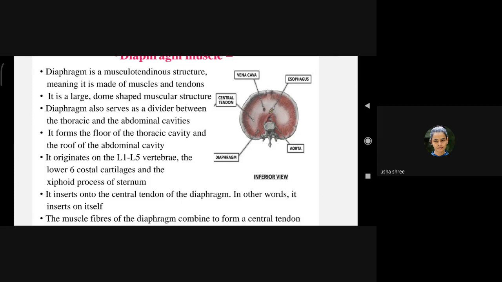Where our sternum is ending, that point is known as the xiphoid process. So it originates on L1 to L5, meaning lumbar 1 to lumbar 5 vertebrae, the lower six costal cartilages, and the xiphoid process of sternum. So these are the originating points of the diaphragm.